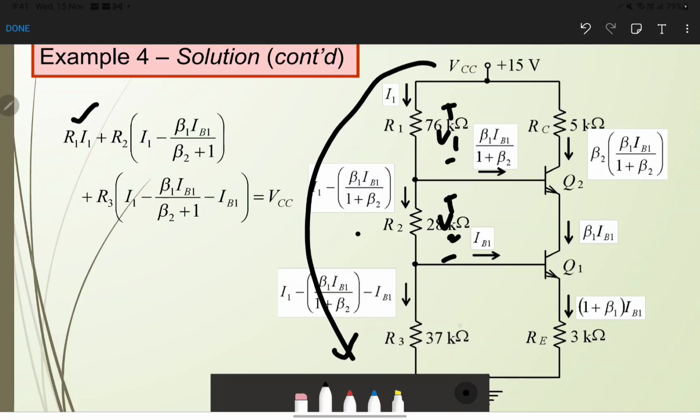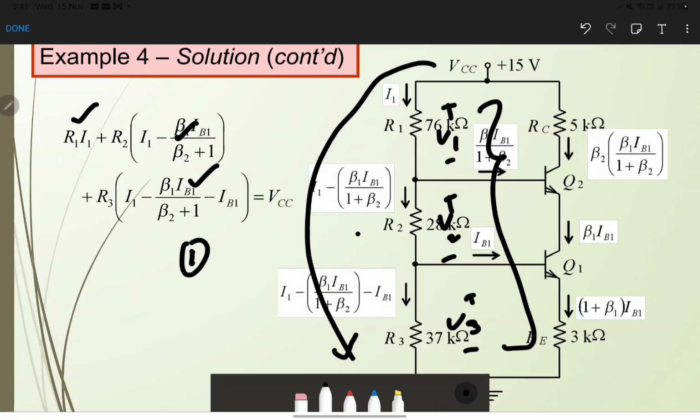And the last, the voltage drop at R3. We know the current entering is I1 minus beta 1 IB1 over 1 plus beta 2 minus IB, times R3. And the voltage input equals the voltage consumption. So the voltage consumption here equals VCC. So VCC is our input. Okay, this is the first relation equation.